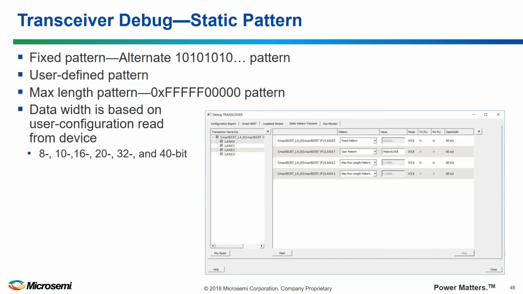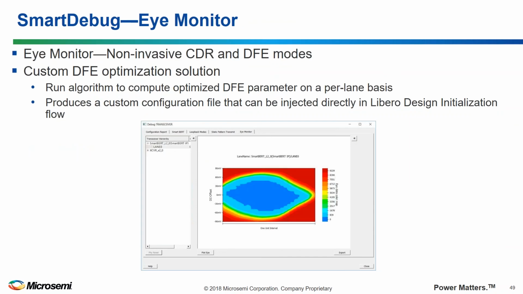Then we have the Eye Monitor tab. The Eye Monitor is a non-intrusive estimation of the eye as you're running. So you're running data through the transceiver lane, and we estimate the horizontal and the vertical eye opening. So you can get an idea of what your eye diagram's looking like without having to have other expensive equipment.